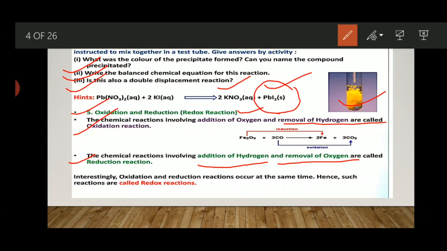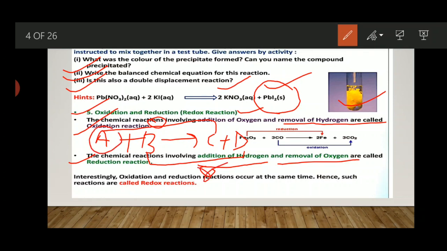Understand by this, suppose one reaction is there, A plus B, and you are getting C plus D. So A is going through an oxidation process and giving C, and B is going through a reduction process and giving D. So a reactant which undergoes an oxidation process is known as a reducing agent, and the reactant which undergoes a reduction process is known as an oxidizing agent.